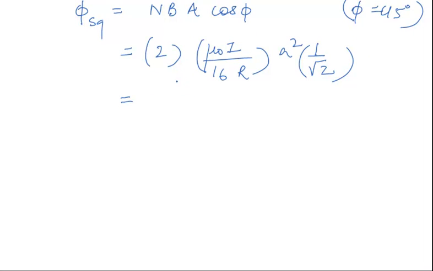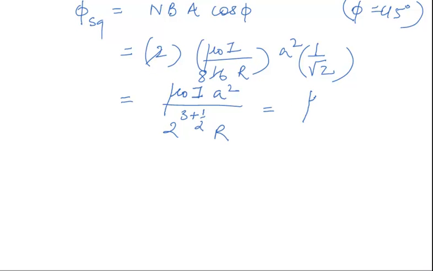Now what we get is mu naught I a square divided by 8, so this is 2 to the power 3 plus half into r.